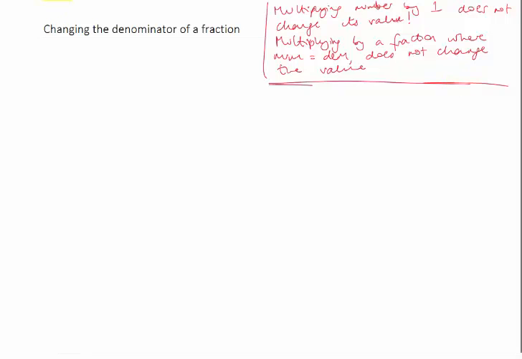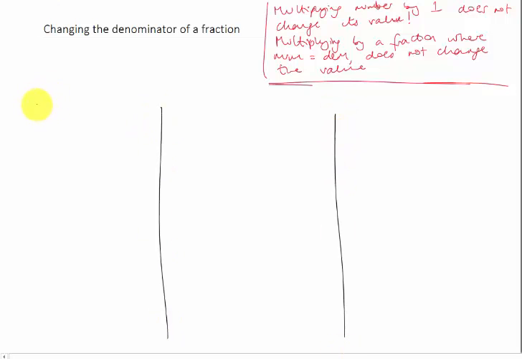Okay, so there are 3 different things we might want to do in my mind. So I'm going to have 3 columns here. So first of all, let's talk about simplifying fractions.